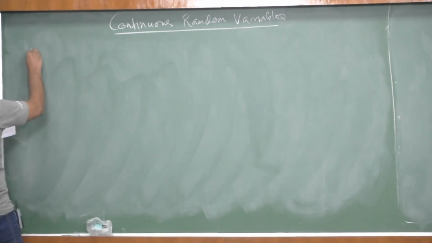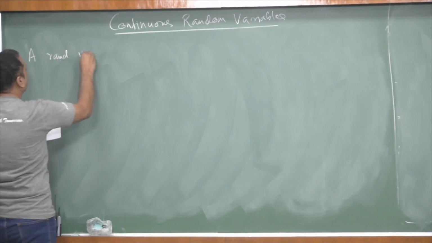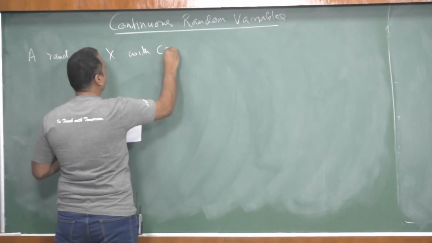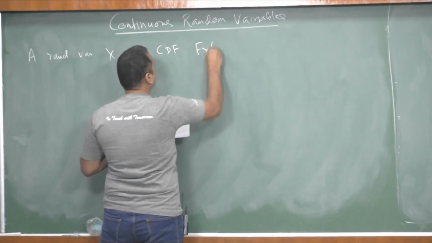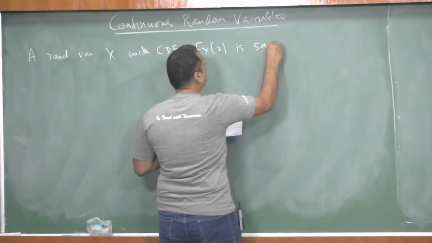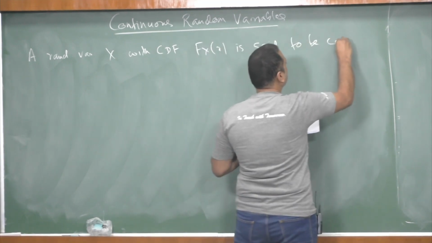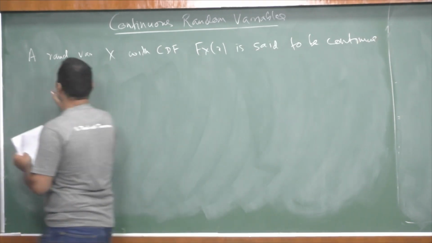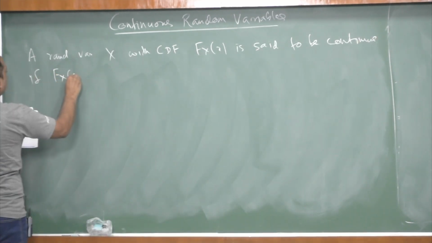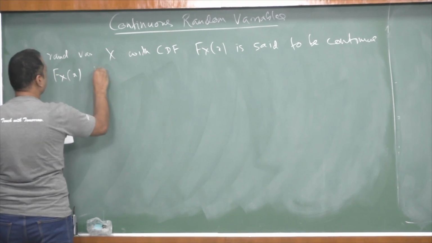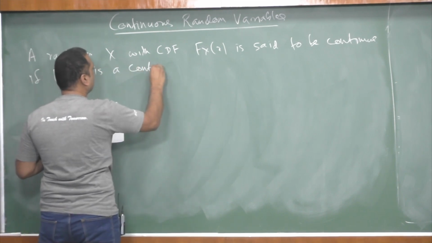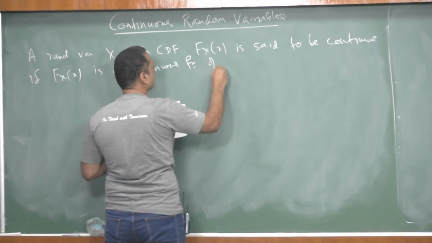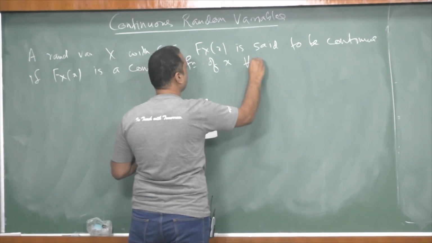So a random variable X with CDF F_X is said to be continuous if F_X is a continuous function, obviously of x, for all x in R.